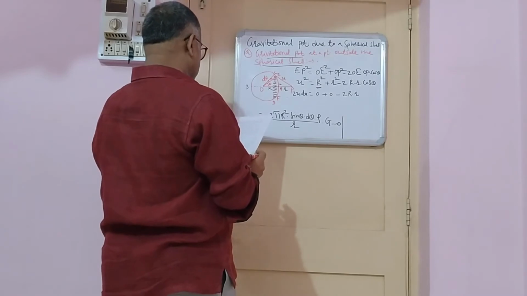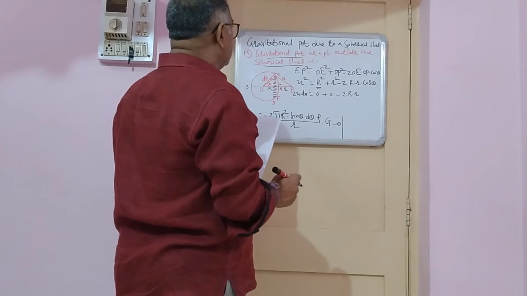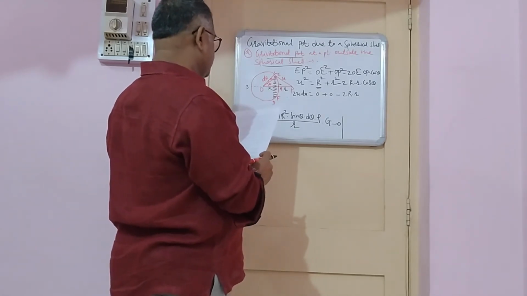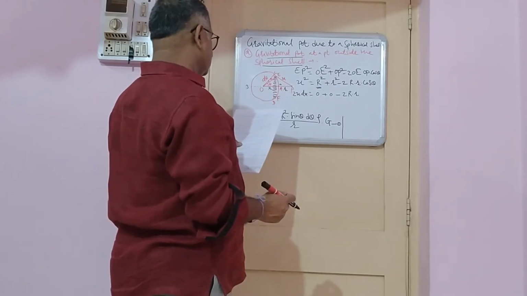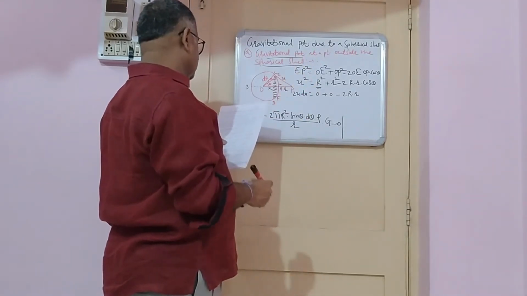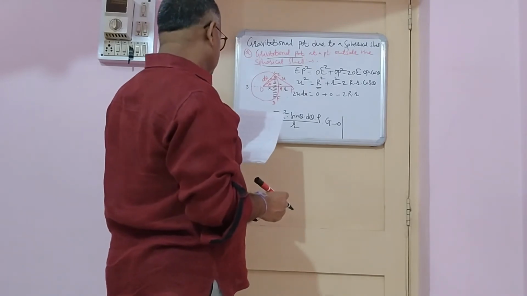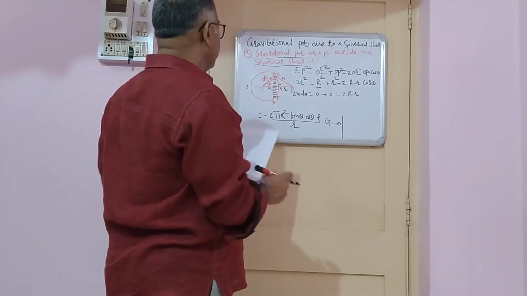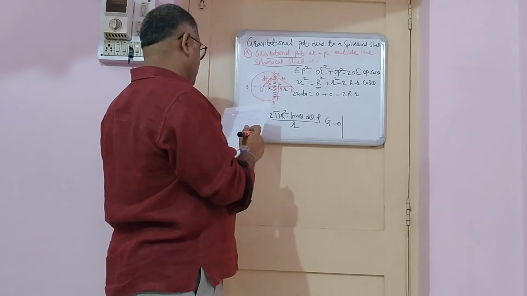See here, we have to make one correction. We have written EP square. Where is EP square? Yes, OE square plus OP square minus 2 OE OP cos of theta: R square plus r square minus 2Rr into cos of theta. By differentiating it we get 2x into dx equals 0 plus 2R into r.